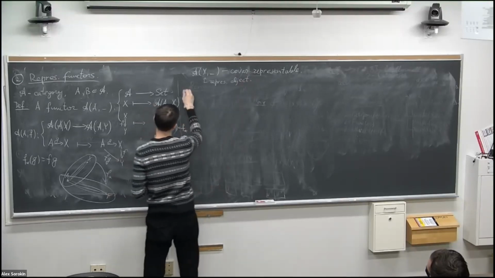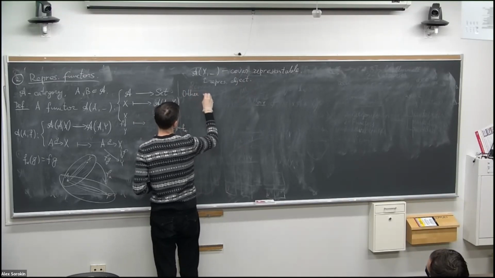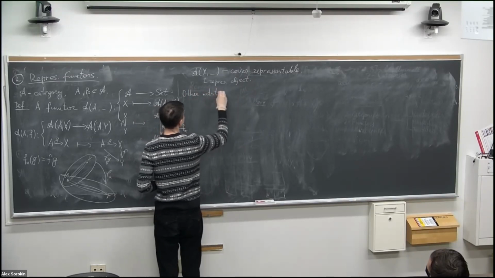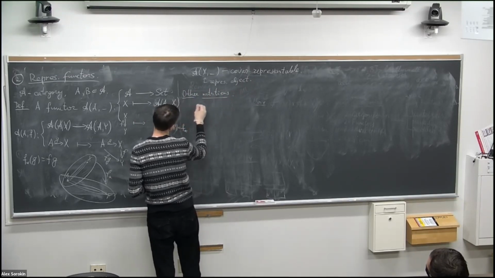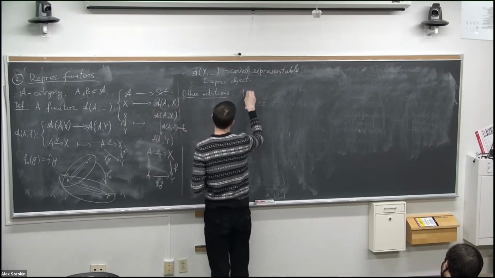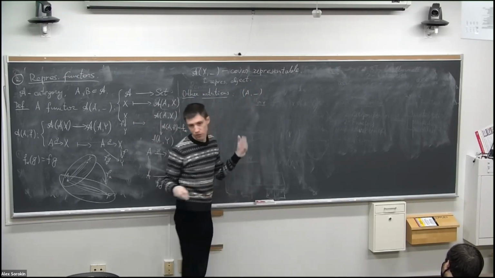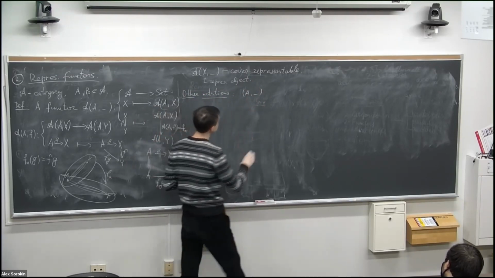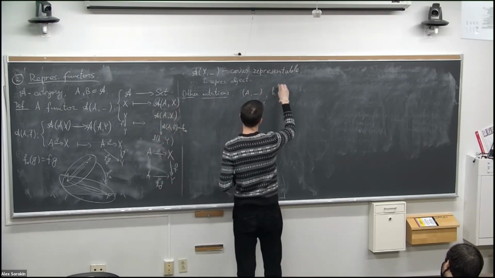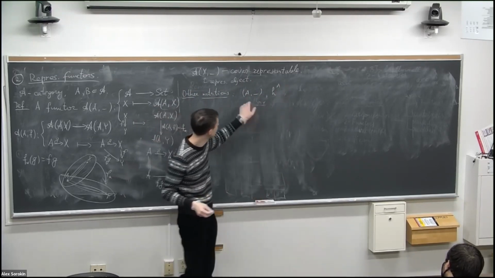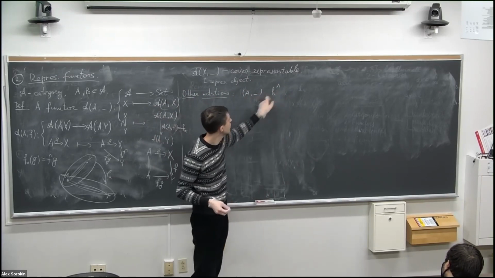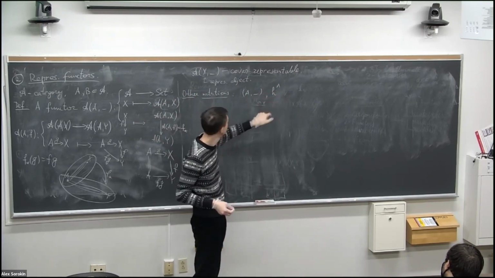Other notations. For it are A comma blank, when the category is understood, and H superscript A. We use superscript for the first argument and subscript for the second argument. It's usually in old books.